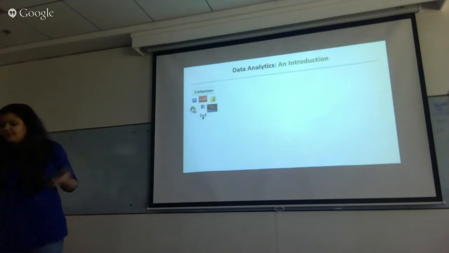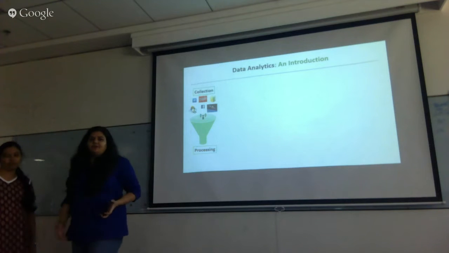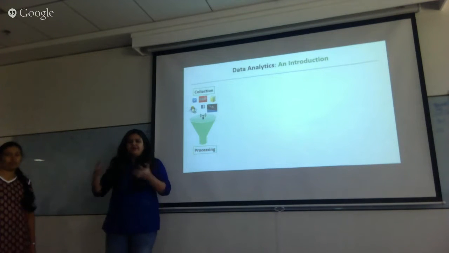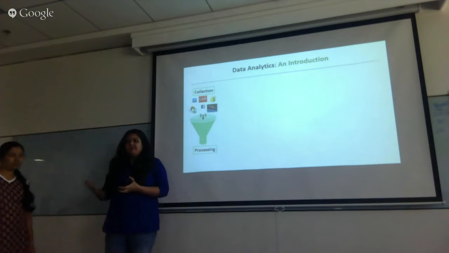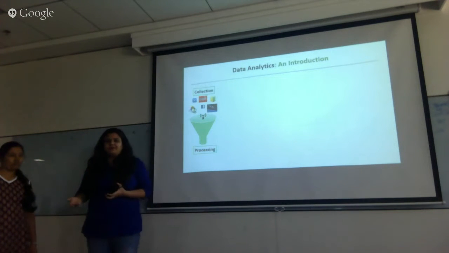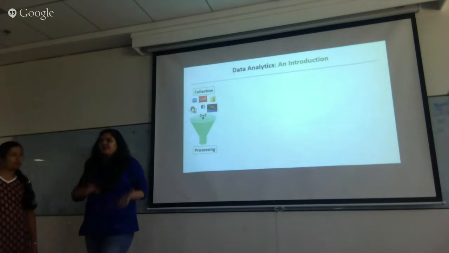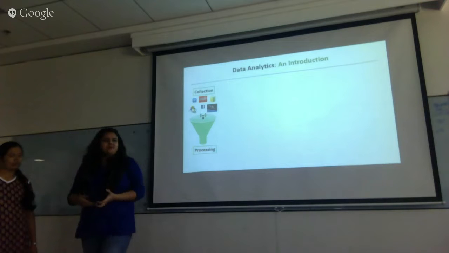This is the collection process. The next is the processing step, wherein you bring together data from different sources and transform it to a standard format that could be ingested by your application. So you do a whole lot of cleaning up, transformation into a single format, putting it into a tabular structure, and all of that.